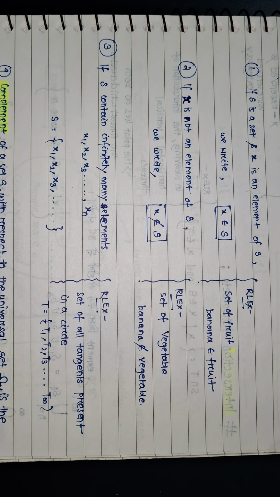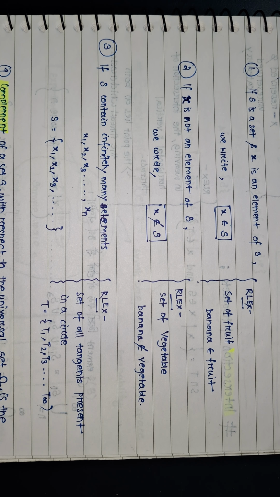And we can write it as x1, x2, x3 up to xn are elements of S. We will think of a real life example: the set of all the tangents of a circle. There are many tangents in a circle. You can't even draw all the tangents. If you didn't understand that, I am simply showing it.